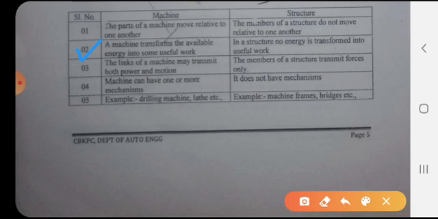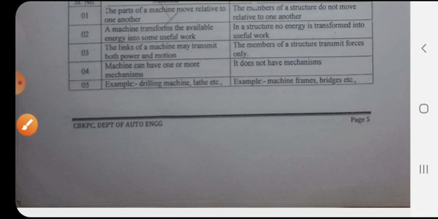Thermal energy is related to temperature, and we can use solar radiation to cook food. So these are the available energies for transmitting power into useful work. In the case of a structure, no energy is transformed into useful work.